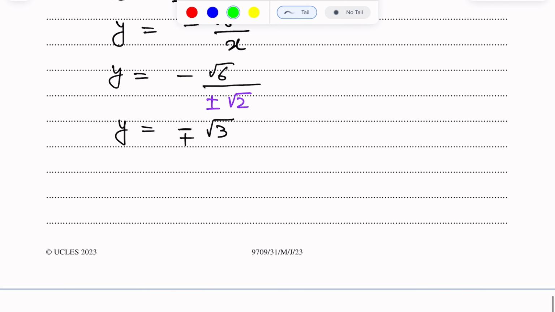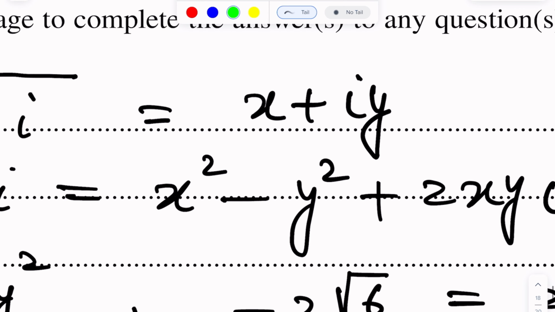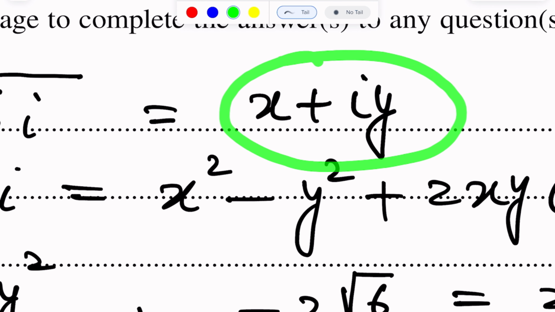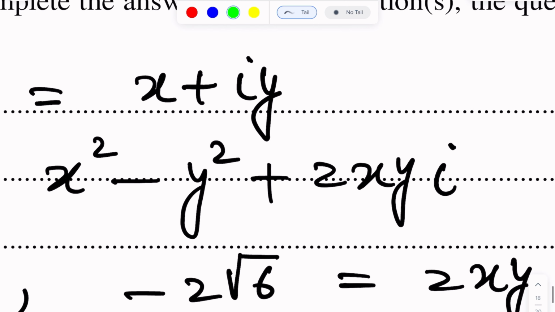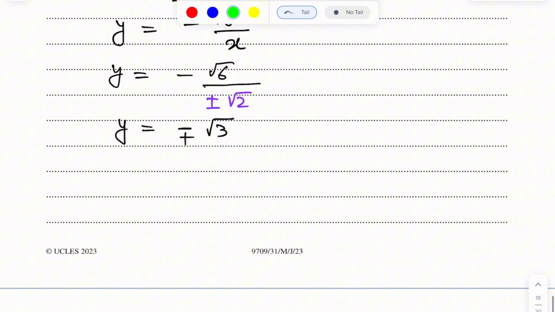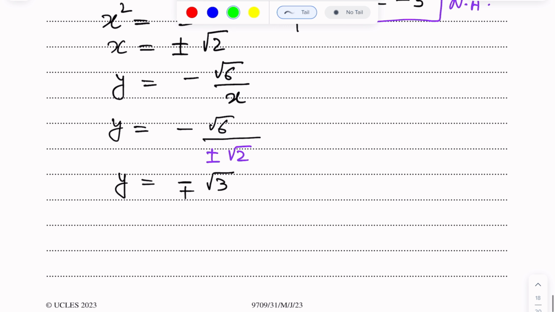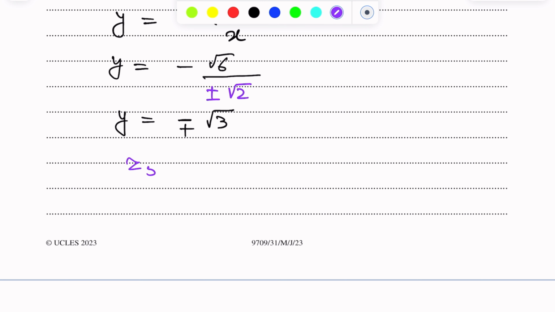Putting here the values of x and y, because we have supposed the square root of this is equal to x plus iota y, we have found two values of x and two values of y. So z5, the fifth root, is equal to under root 2 minus under root 3 iota; this is the positive value of x, and with this the value of y will be negative.